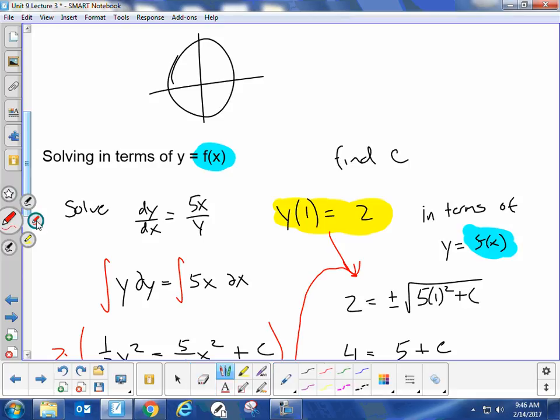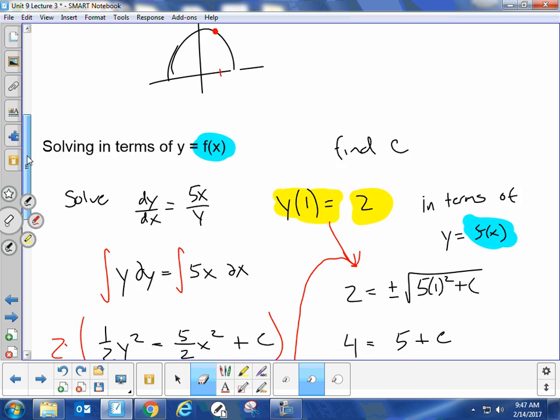We are told y of 1 is just equal to 2, even though in reality, most likely, it's equal to plus or minus 2. But they're saying, no, I just want y of 1 to be equal to positive 2, which means for this solution, they just want the positive half of my oval, or my circle. In this case, it's an oval.